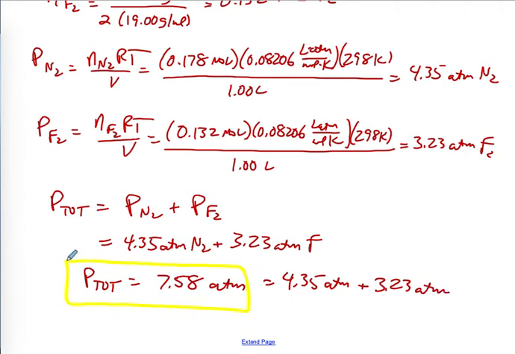Now, thinking back at the equations we just looked at, you may realize that there is another way we could solve this problem. Check this out. We could also say that the total pressure, which is what the question was asking for in the first place, is equal to the total moles times RT over V. Well, we calculated how many moles of each component we had. Let's simply add them together.